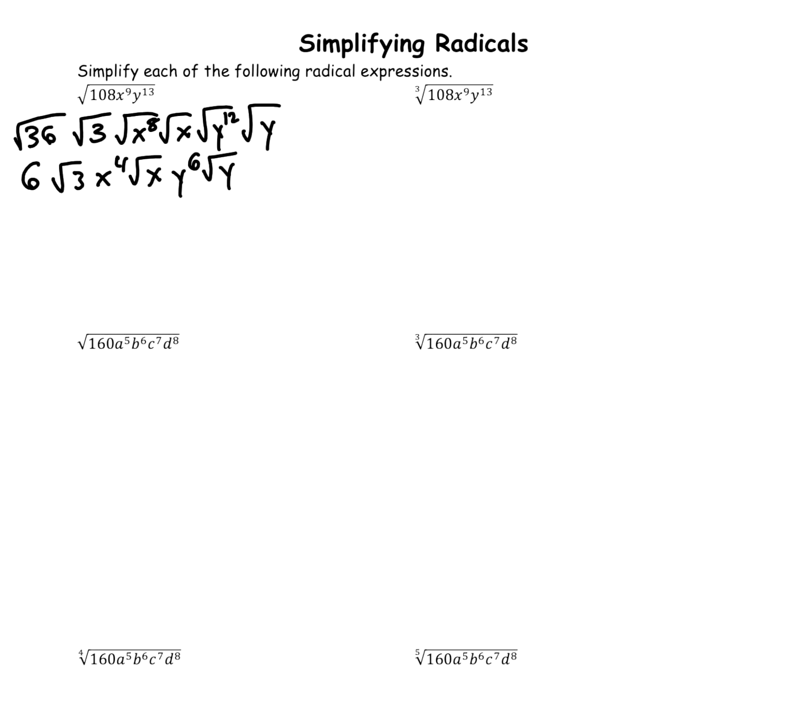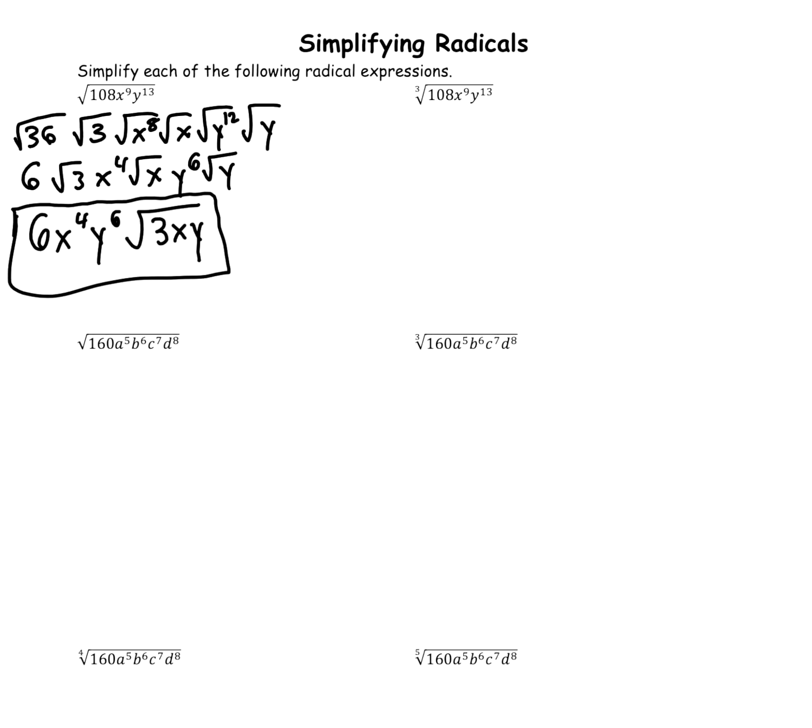Get everything that's not inside of the radical out in front, and everything in the radical under one radical. So that would be 6 x to the 4th y to the 6th square root of 3xy. And that is our simplified radical.